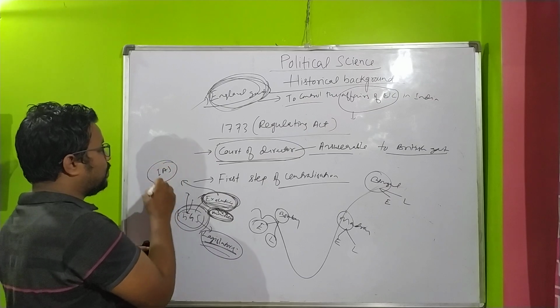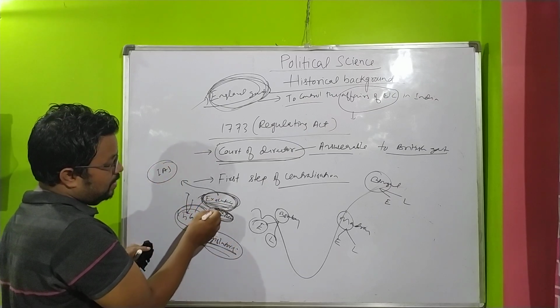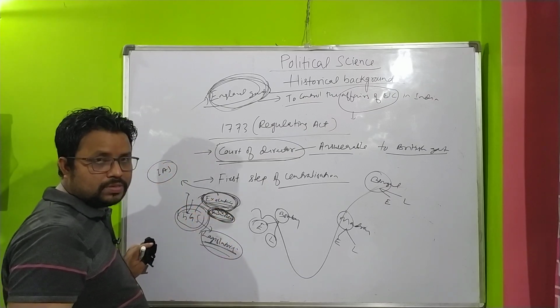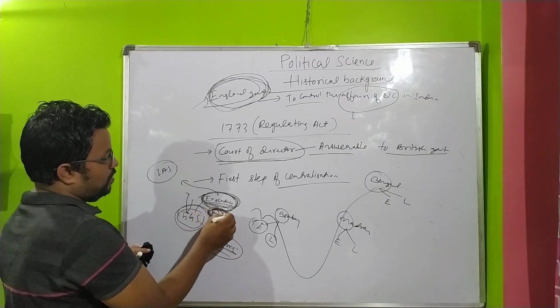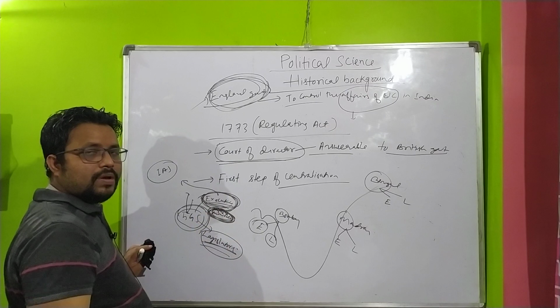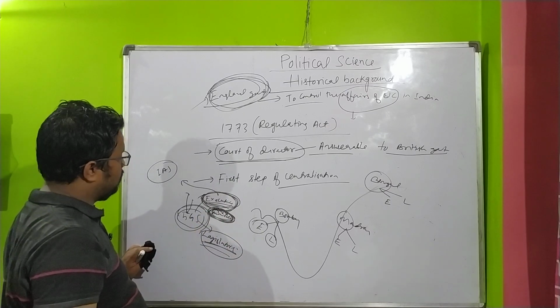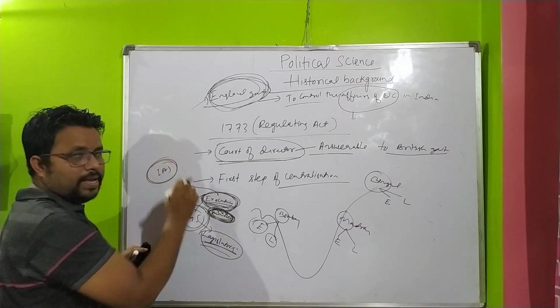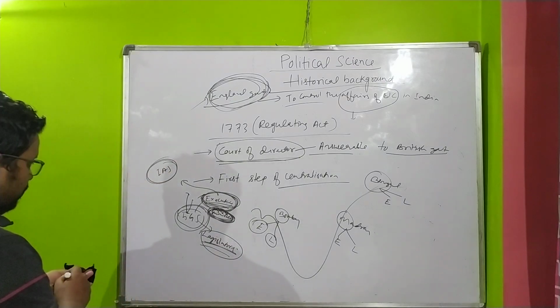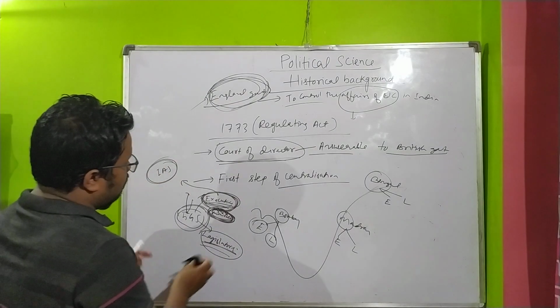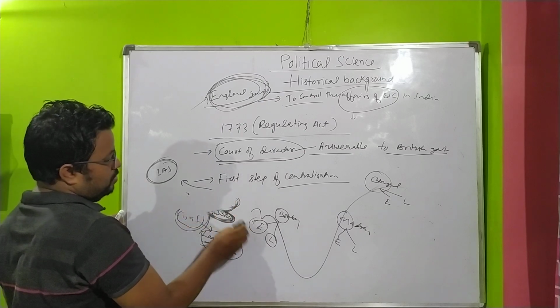IAS officers are permanent executives, and the ministers are temporary executives, because they are held only for 5 years, and after 5 years they have to come again by election, but IAS officers are permanent once they are selected. Okay, so this is what we have about executive and legislators.